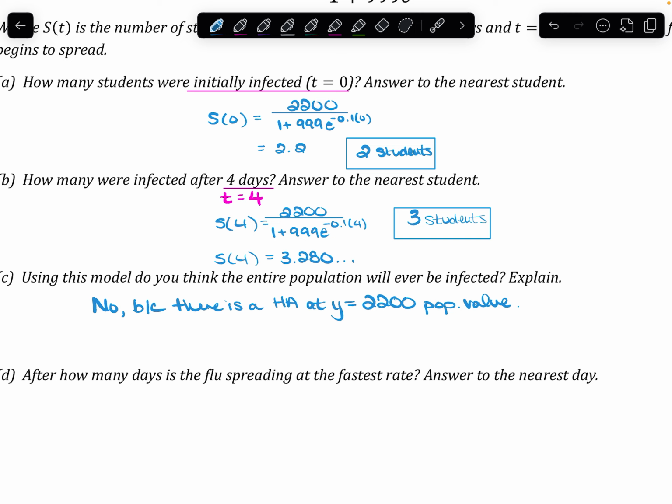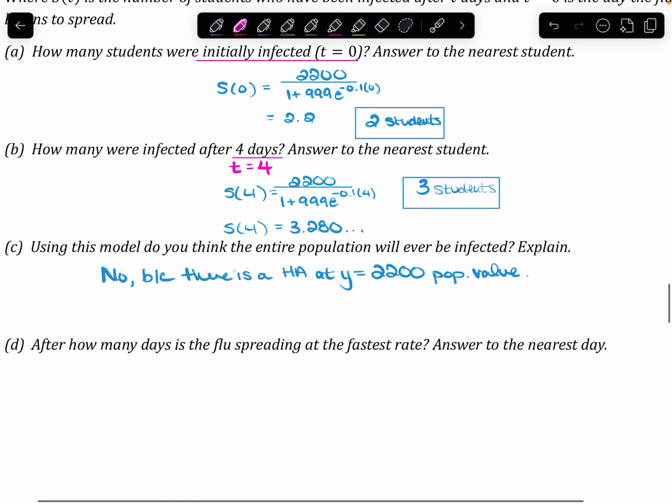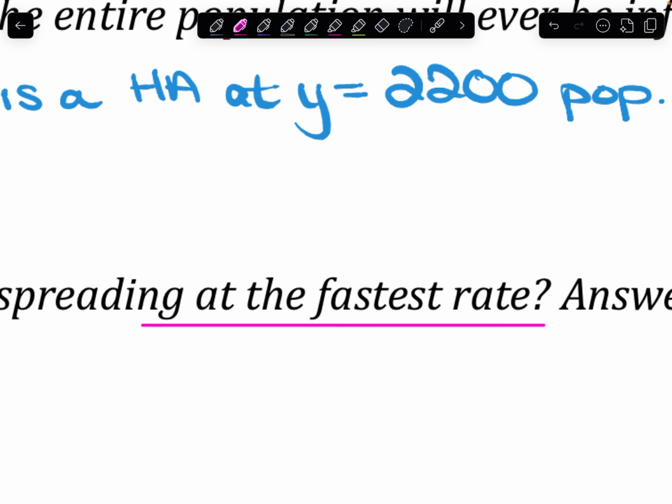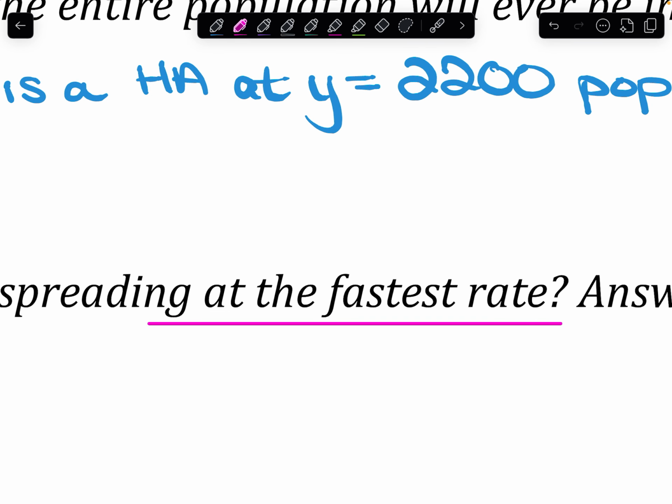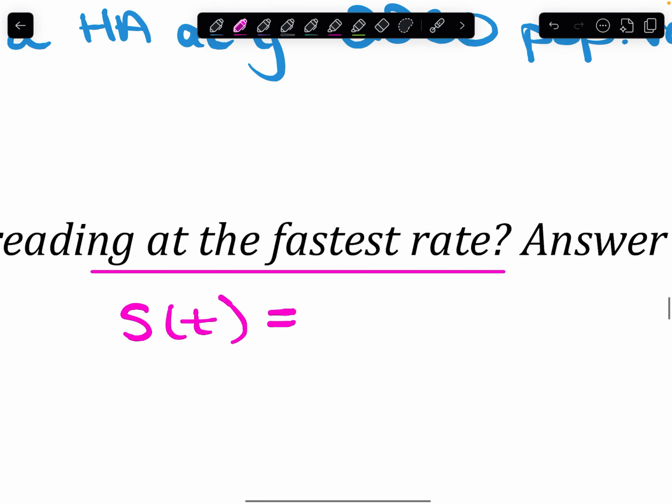All right, part D. After how many days is the flu spreading at the fastest rate? How many days means we are looking for t, so that means we have to have a number of students. And the key here is going to be that fastest rate. This occurs when the y value, or S of t, is half the population.